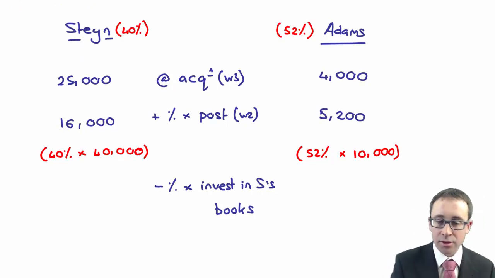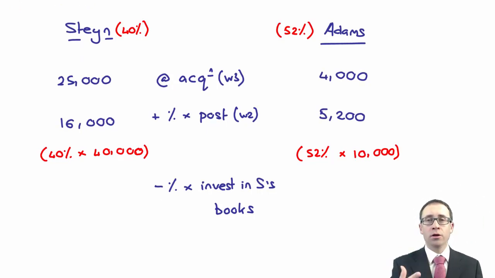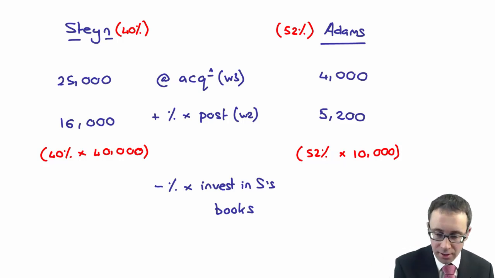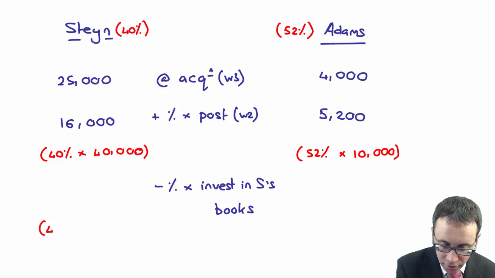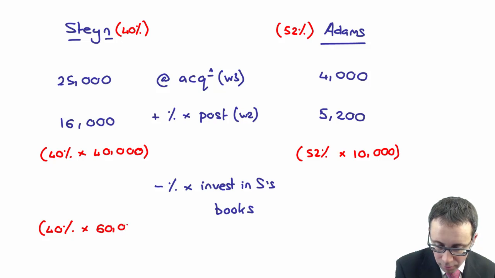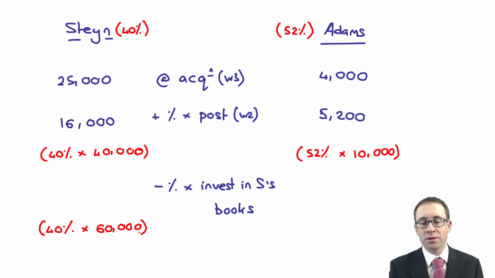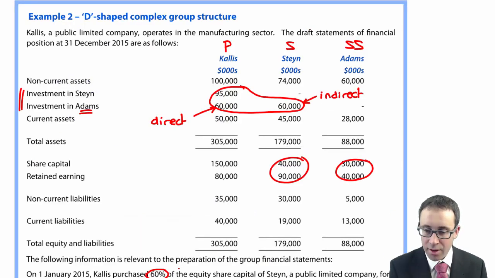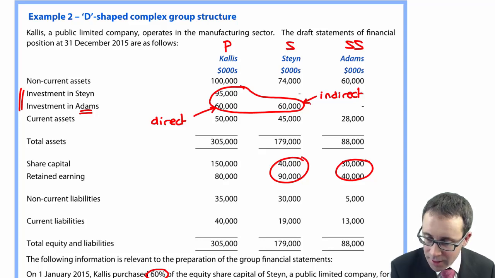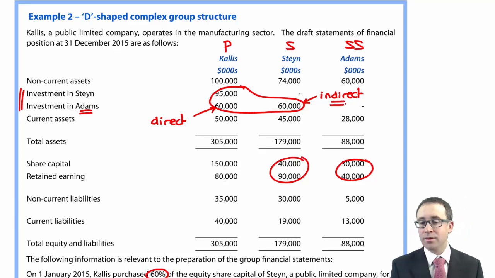So remember, when we're looking at the sub, we want to look at the pure sub, so we want to remove anything to do with the subsidiary. So what there is to do with the subsidiary is that there is a 40% holding that we need to remove of the investment. S has an investment in the sub-sub. If you don't believe me, it's there, isn't it? It's that indirect amount.